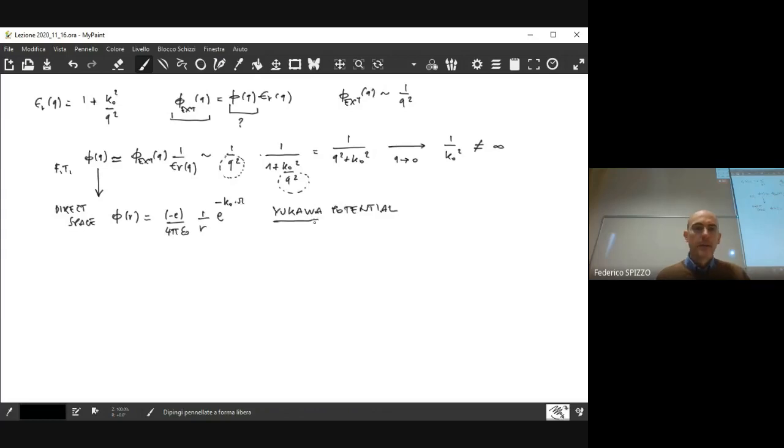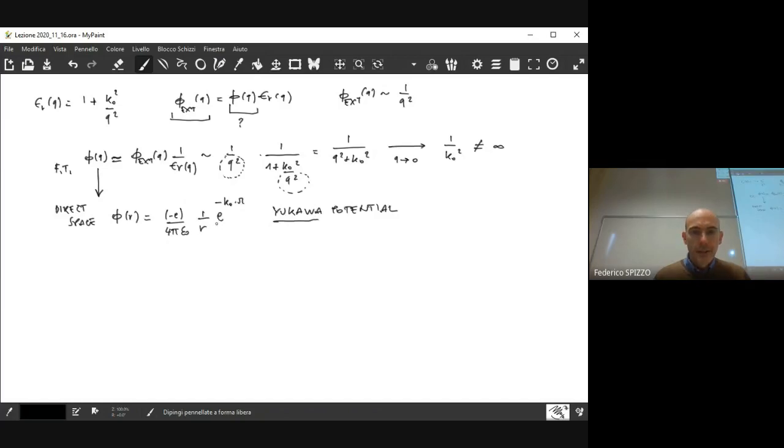Yukawa comes from a similar potential that you have in elementary particle physics. So there is a potential that has exactly the structure that is used in elementary particle physics that is due to Yukawa. And in this case, you may call this a sort of screened Coulomb potential.